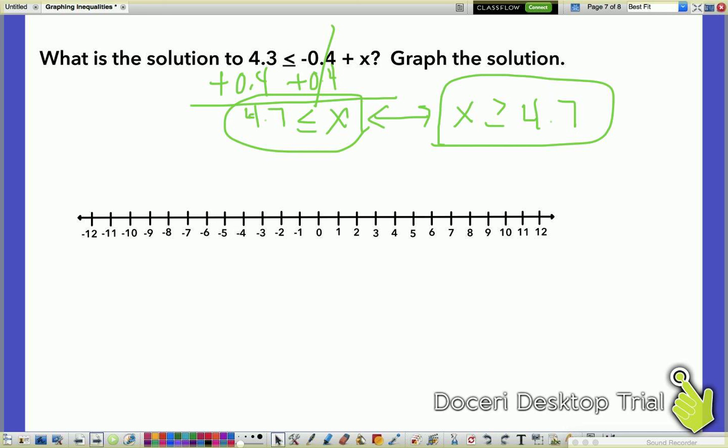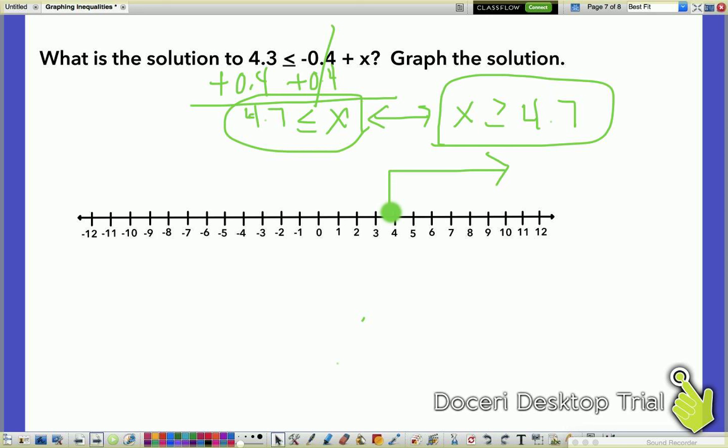So 4.7, I'm just gonna, okay, I was gonna make a dot, but that's not working. Here's 4.7. Let's do this. Okay, and we have greater than or equal to, so it's a closed circle.